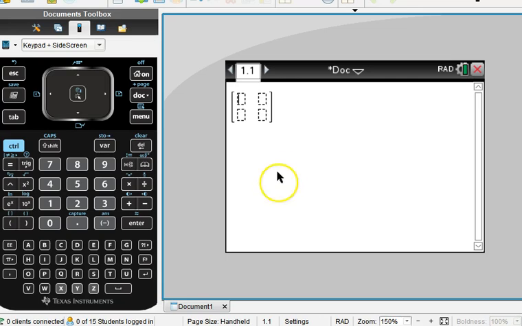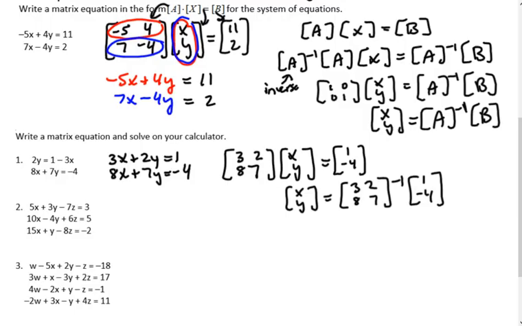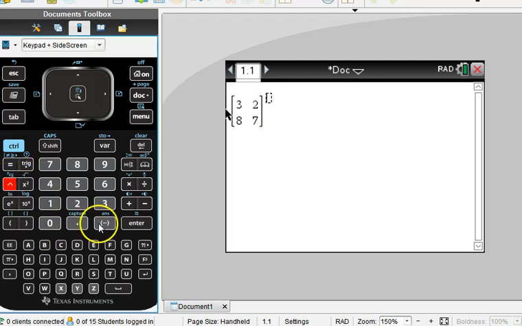So I fill in those numbers that I have on my sheet. 3, 2, 8, 7. You can use a tab button to get from space to space. Now I need the inverse of this matrix, so I'm going to do caret and then -1. Just like the same symbol that we use for inverse function is used for an inverse matrix.